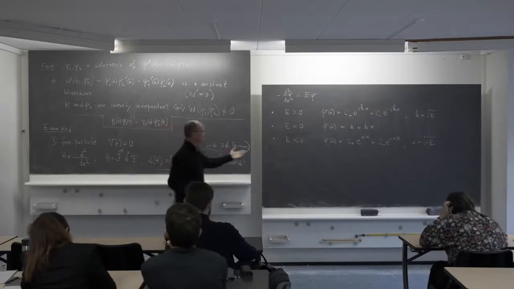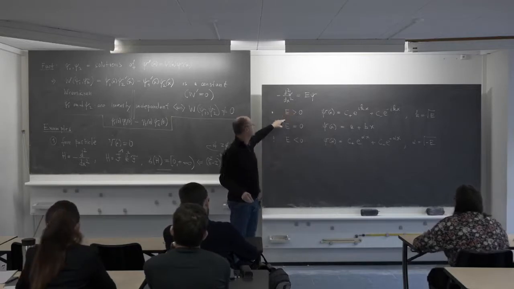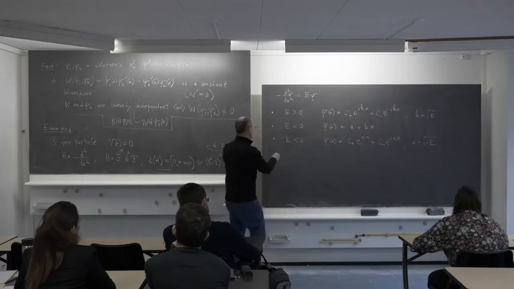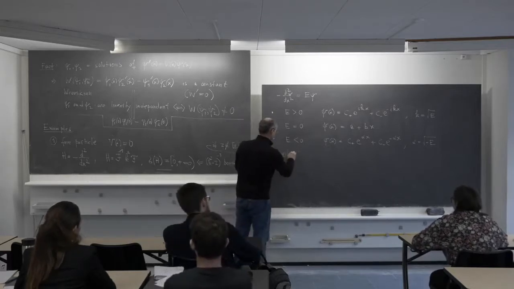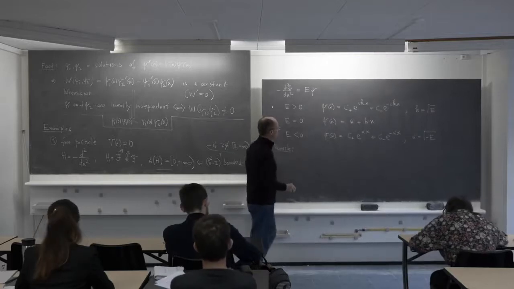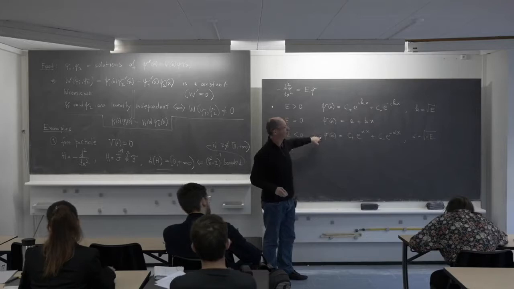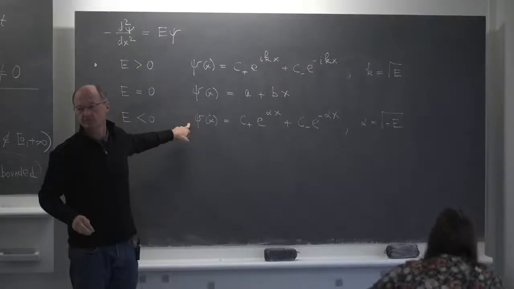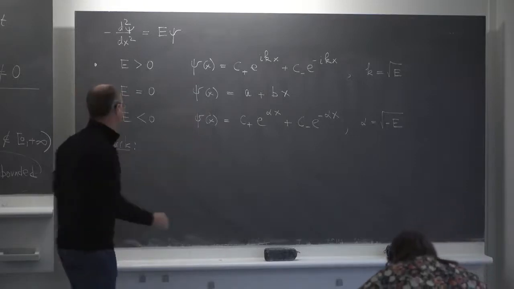But it looks like the differential equation doesn't care too much what this eigenvalue is. Maybe one small remark: if you look at all those functions, do you see any L2 functions there? Not really.